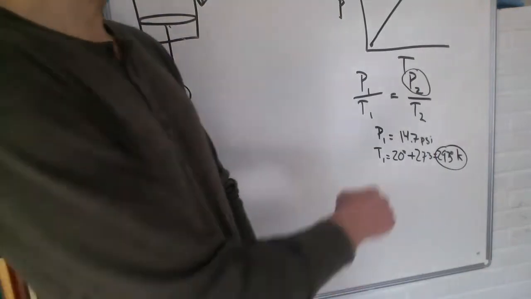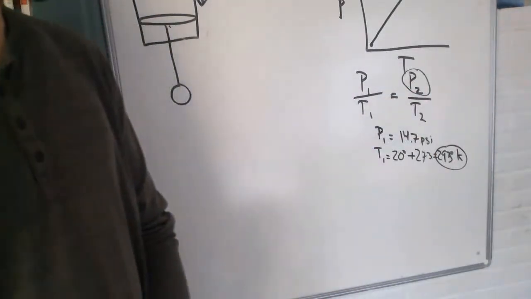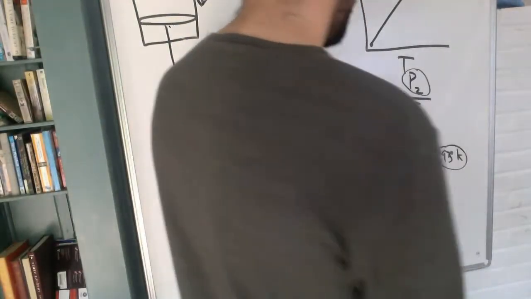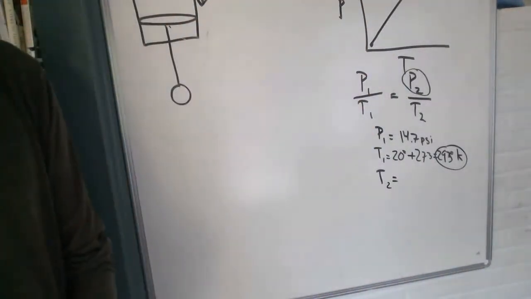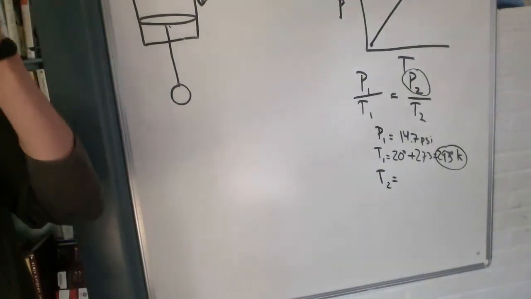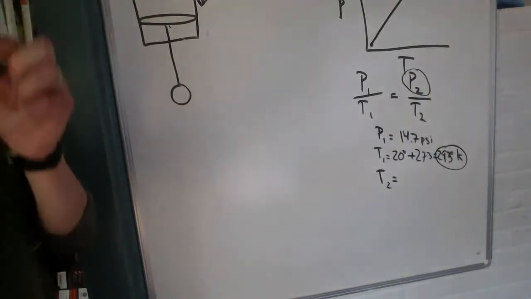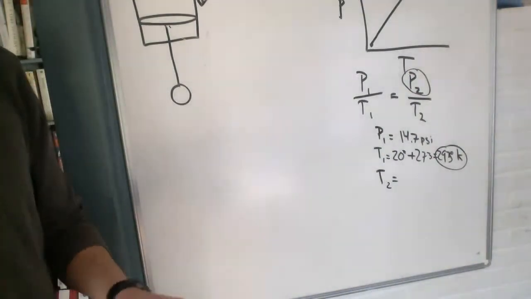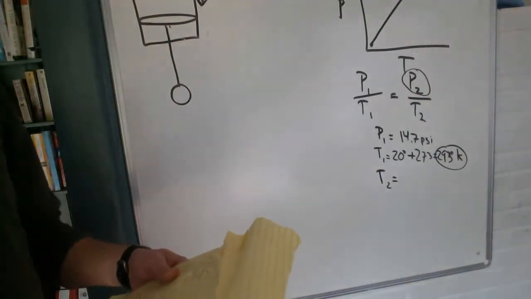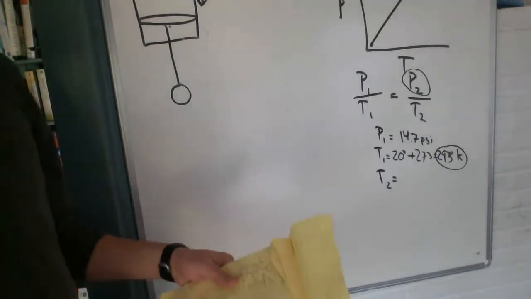Now I'm trying to calculate the pressure in the cylinder in the end, so to do that I'm also going to need T2. So the temperature after this thing combusts, after the gasoline ignites. The combustion temperature in gasoline is close to 900 degrees Fahrenheit, which is about 420 degrees Celsius.